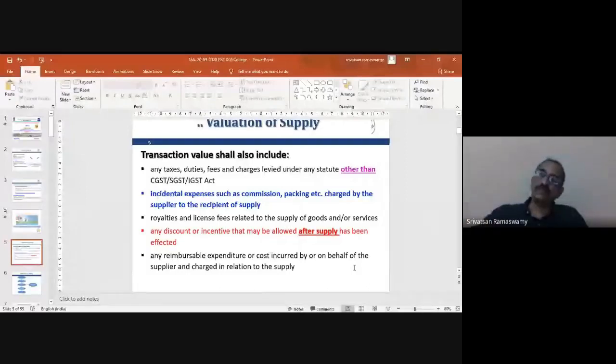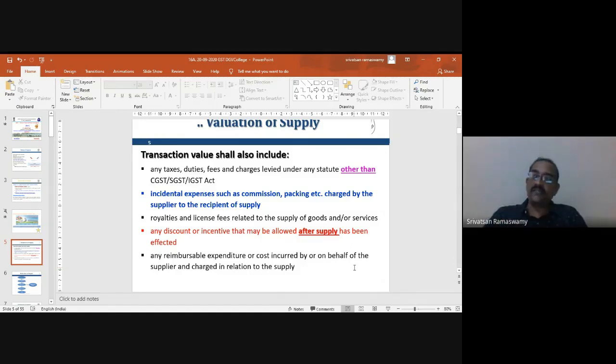Whereas if you do a transaction of 20 lakh rupees, your discount will be 15%. If this is the condition, in that situation, at the time of supply, I don't know the quantum of discount that I should give him. Because at the end of the year, if he has done 20 lakh rupees, he is eligible for 15%. Or if he has done only 10 lakh rupees, he is eligible for 10%. If he has done less than 10 lakh rupees, he may not be eligible for any discount.